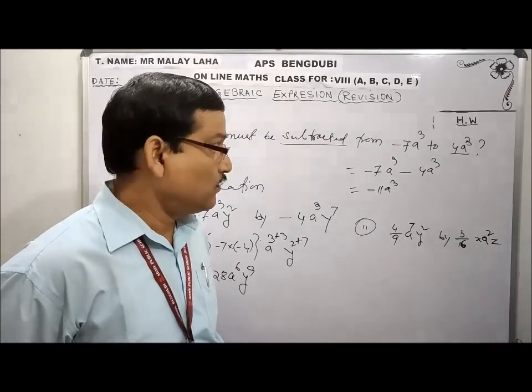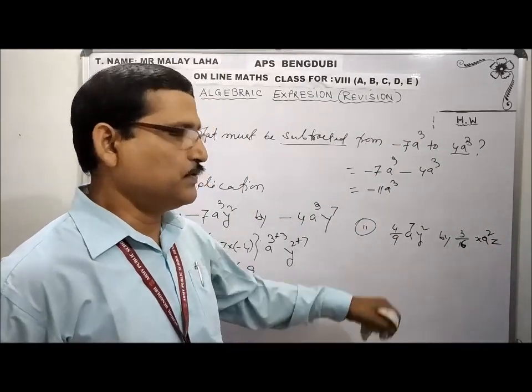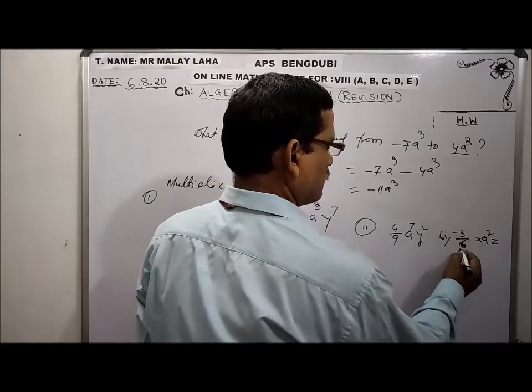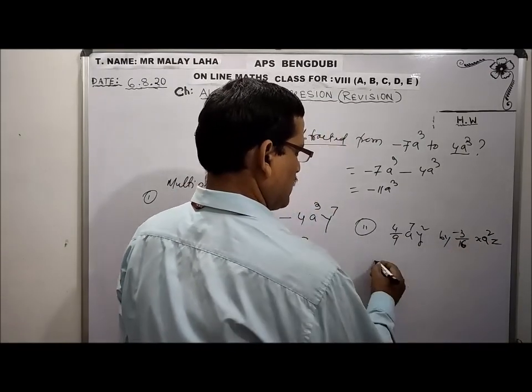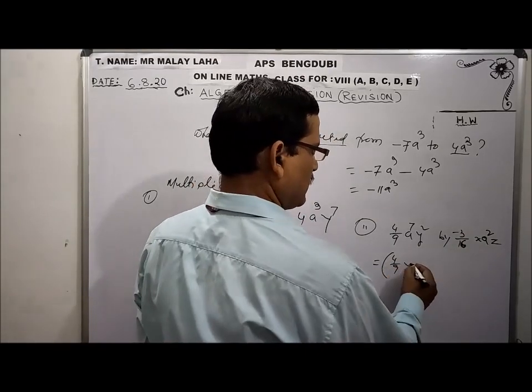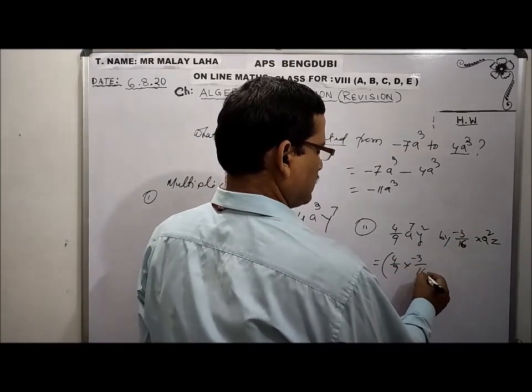See carefully what to do. I have two numerical factors, and one may have a minus sign also. Minus 3 by 16. The same: 4/9 numerical factor multiplied by minus 3/16.